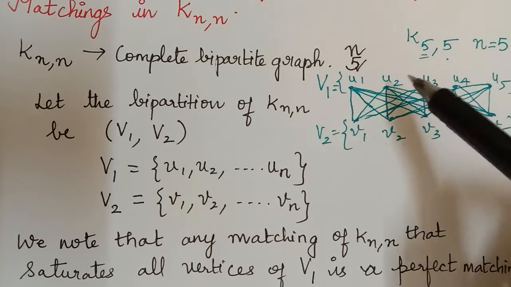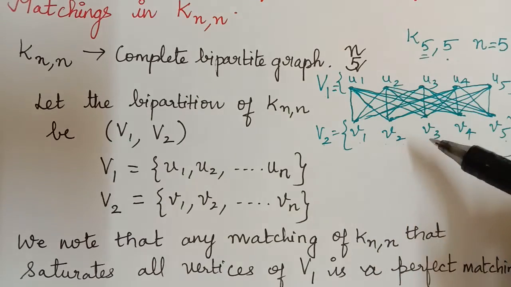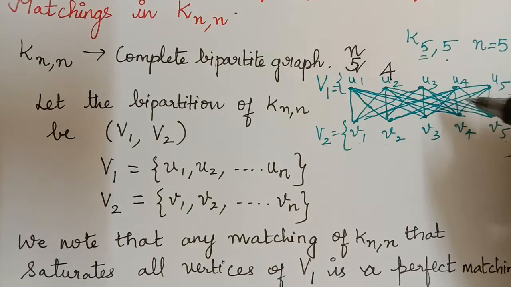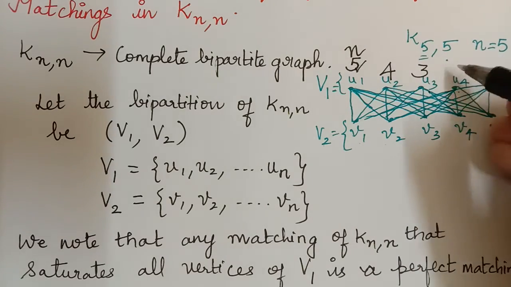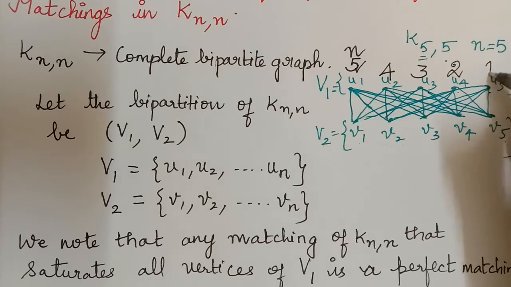So the vertex u2 can be saturated in how many ways? It can be saturated in 4 ways. Remaining again, the vertex u3 can be saturated in 3 ways, vertex u4 in 2 ways, and vertex u5 in 1 way.